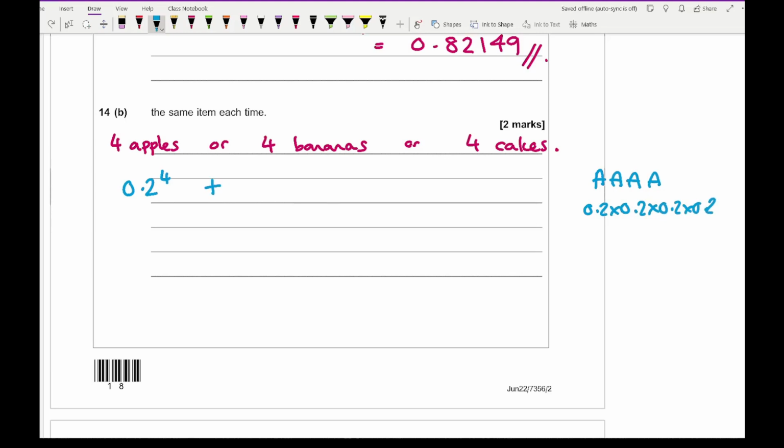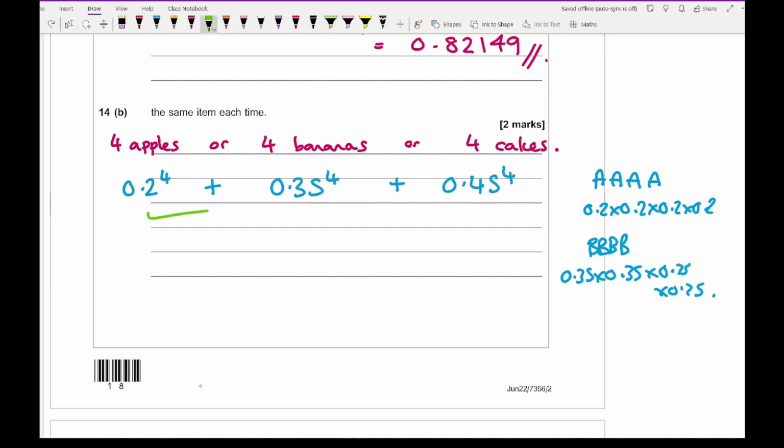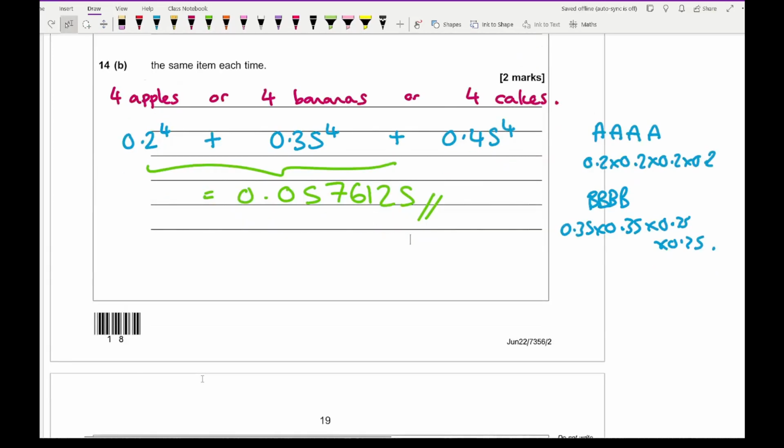For bananas, well, the probability of picking a banana is 0.35, so that's going to be to the power of 4, because again, B is going to be 0.35 times 0.35 times 0.35 times 0.35. And then all 4 cakes, well, probability of selecting a cake is 0.45, and that's again going to be to the power of 4. Then if I enter all of this onto my calculator, I get the correct probability of 0.0576125. And again, if you want to round your answer or give the exact answer, that's entirely up to you.